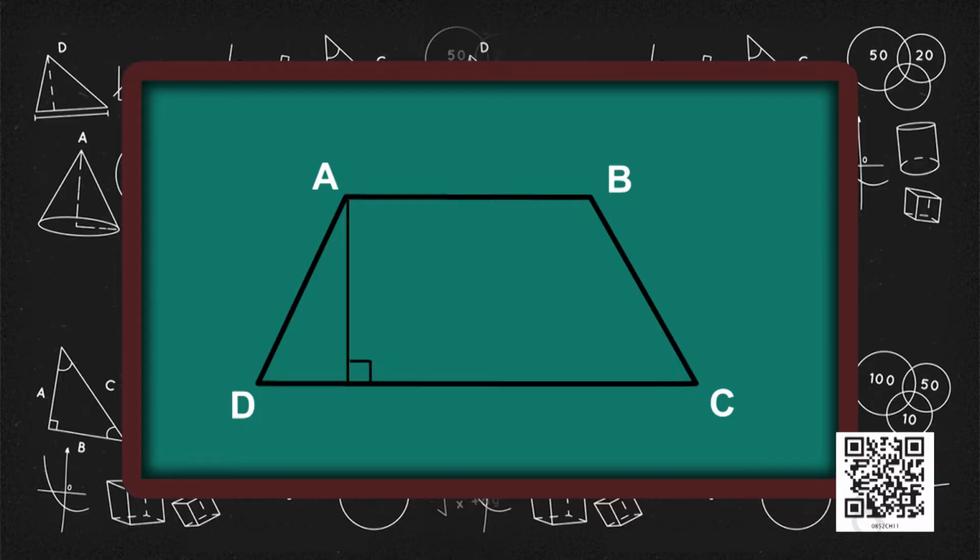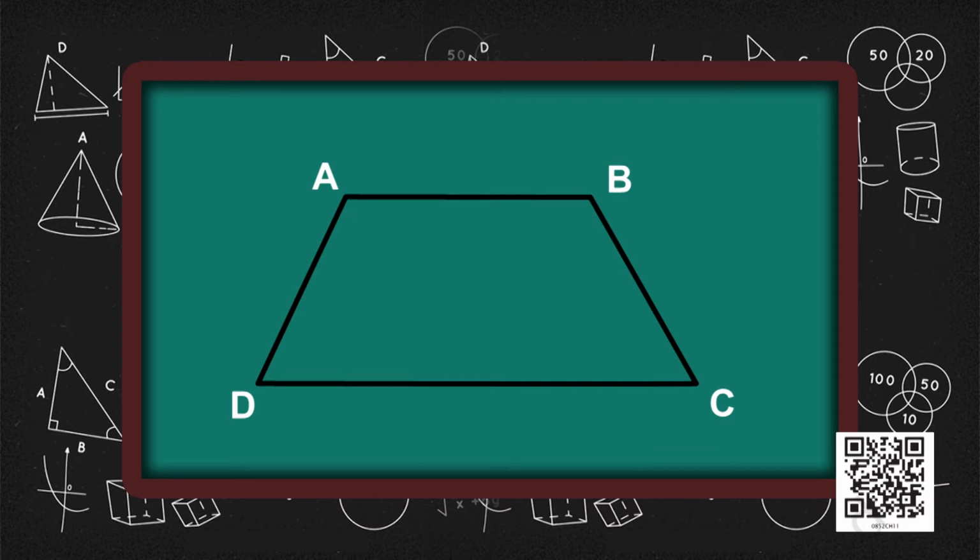But these are not the only ways to find the area of a trapezium. Look at this trapezium ABCD. Here, AB and CD are the parallel sides and h is the perpendicular distance between them, that is the height.